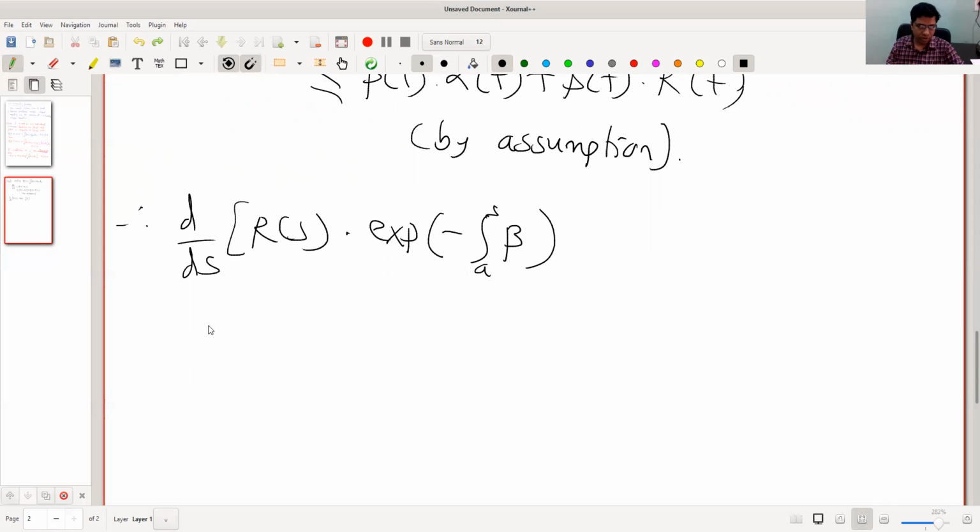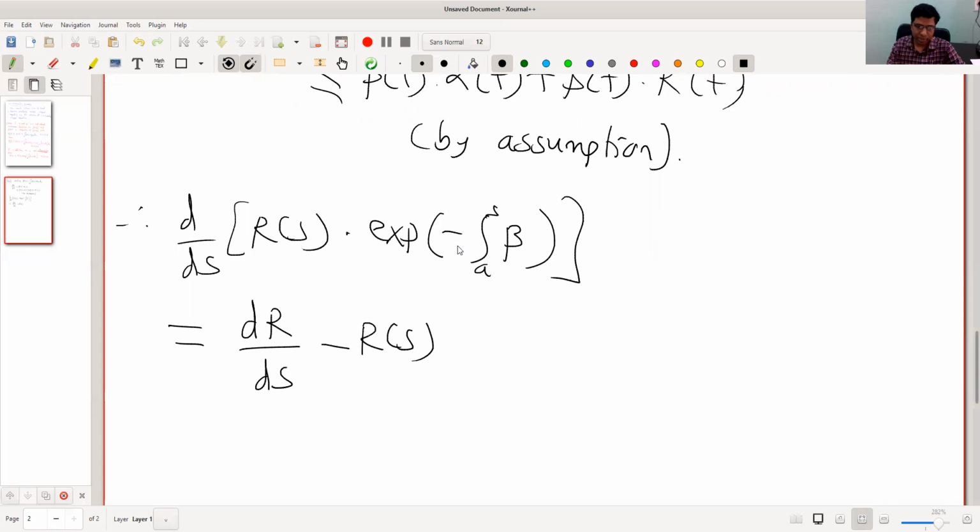So this is equal to, we are using the product rule, dr by ds. This will be common, e raised to minus integral beta, then minus r of s will be there and differentiation of this e raised to thing.